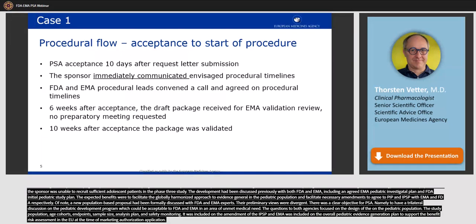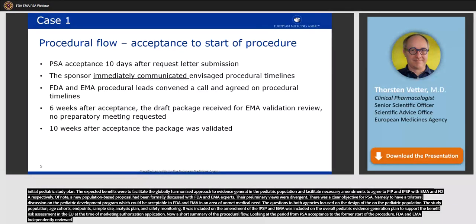Now a short summary of the procedural flow. First, looking at the period from PSA acceptance to the formal start of the procedure. FDA and EMA independently reviewed the PSA request, and acceptance was communicated to the sponsor after 10 days. The sponsor immediately communicated envisaged procedural timelines.